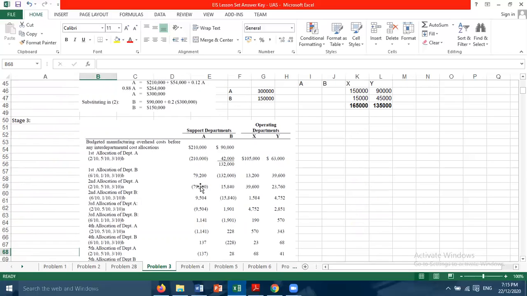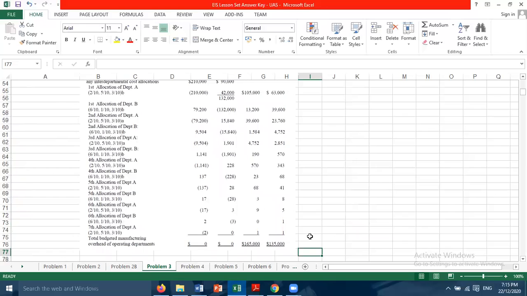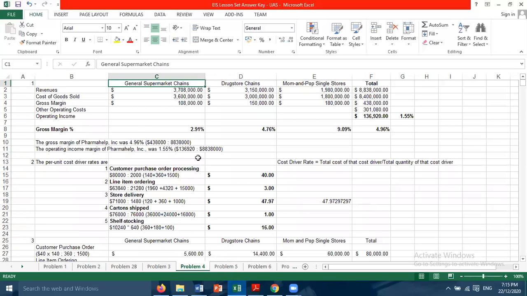And then once we know we have more costs at A, we allocate the cost at A to B, X, and Y again, right? Then once we know there are still costs left at B, we allocate it again to A, X, and Y, and so on until it's 0. And we find the value for X and Y. Okay, so that's practically for cost allocation, not joint costs, right?